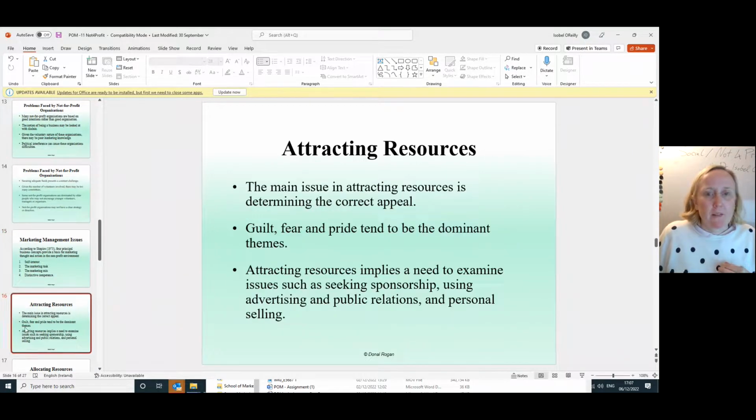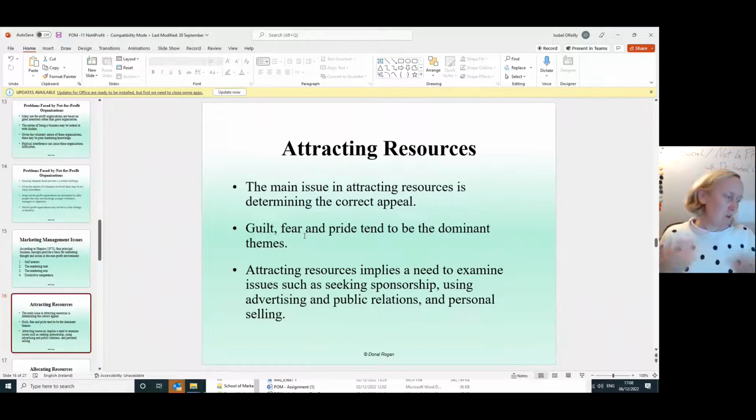Okay. So in attracting resources, the main issue in attracting resources is determining the correct appeal. How do we appeal to people to part with some money and give to this charity rather than all the others that are out there also looking for their money? And so we talk about a guilt appeal, a fear appeal, or pride appeal.